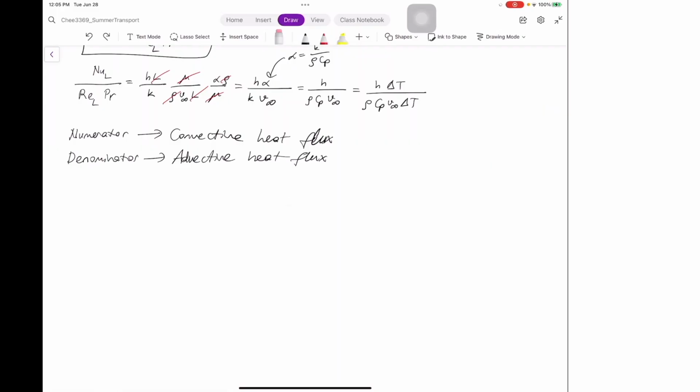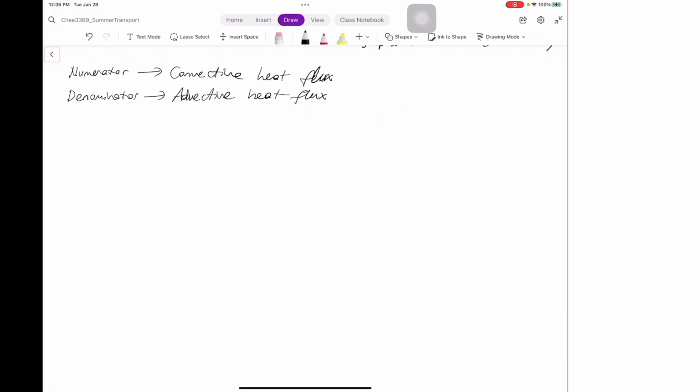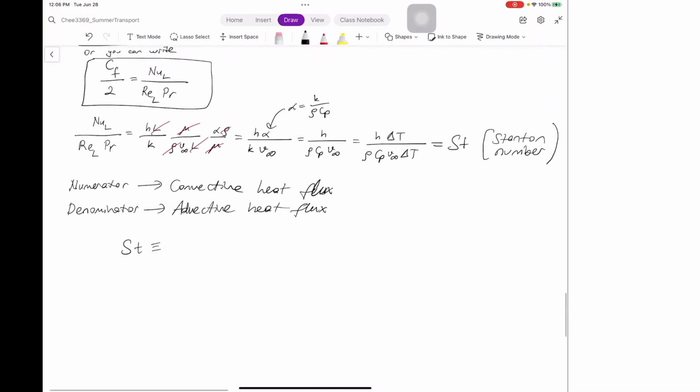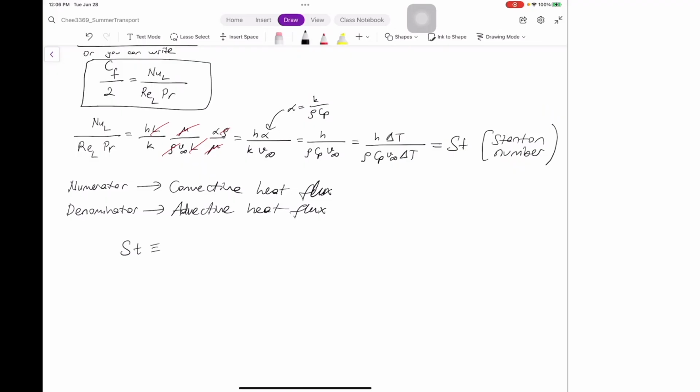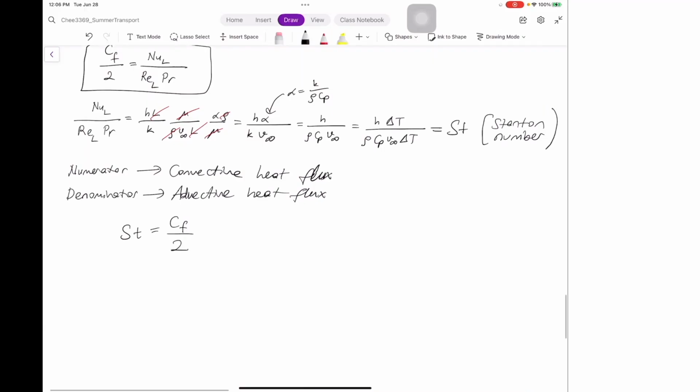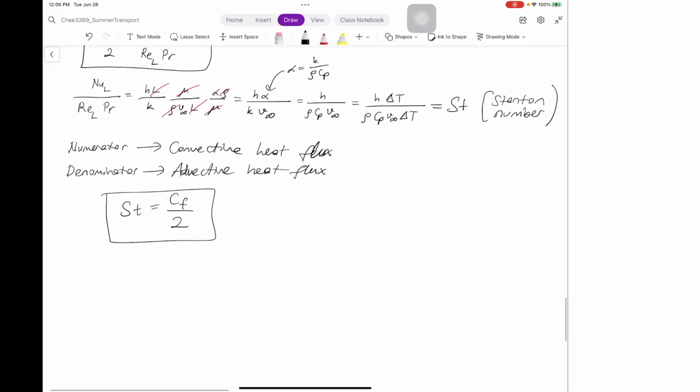And it has a special name. It's called Stanton number. So in short, the Stanton number equals Cf/2. And this is called Reynolds analogy.